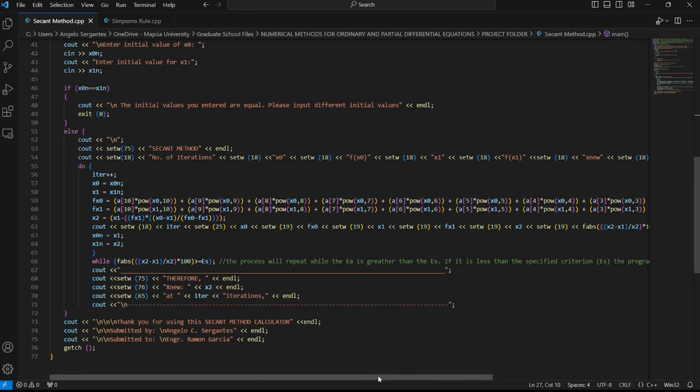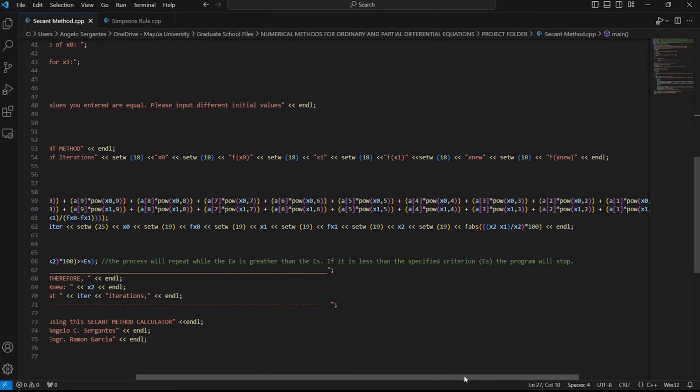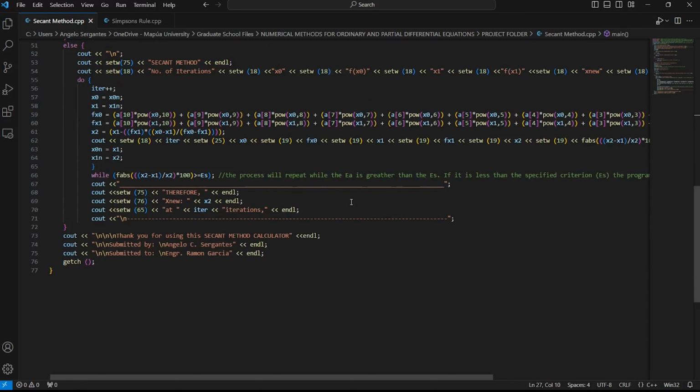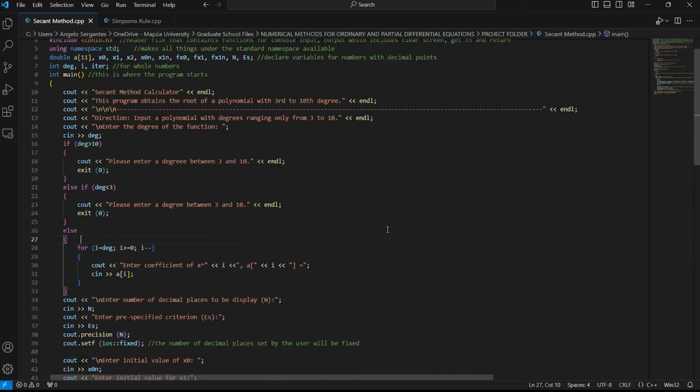If it is less than the specified criterion, then the program will stop and produce the x new, the answer of the equation, the root of the equation. So this is the second method program.